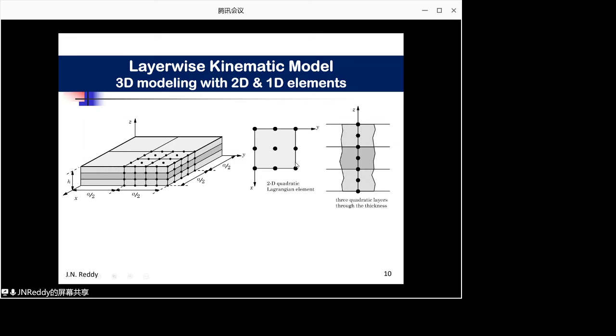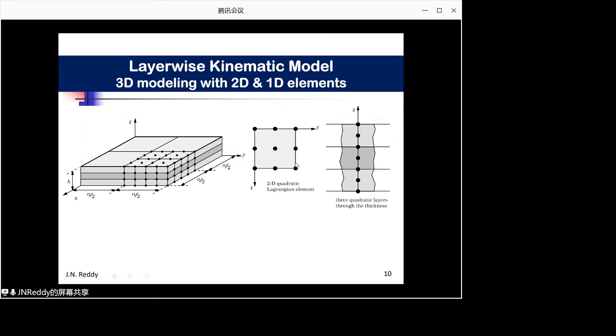And this is something people like, because otherwise they don't know how to get the shear correction coefficients. Normally people use some fixed number, but it is very well known that they are not constant. They depend upon boundary conditions and the lamination scheme. And that is not required in third order theory.